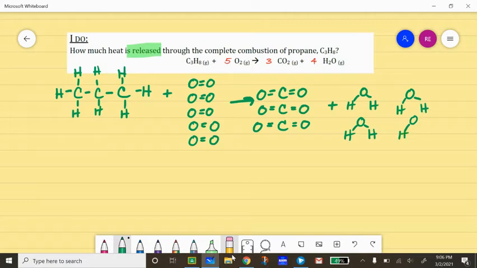If you look at the units for bond enthalpy, it is kilojoules per mole, so we're assuming each bond represents a mole of bonds. We're going to compare bonds broken versus bonds formed.